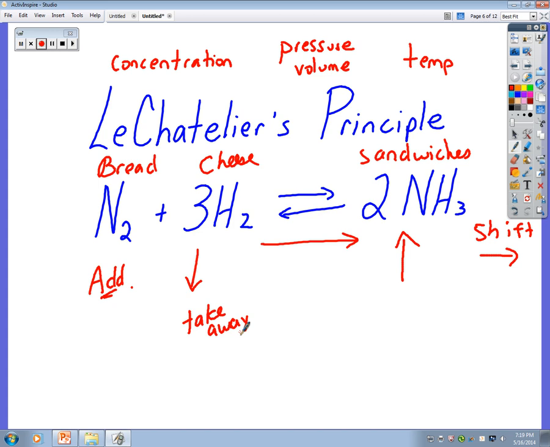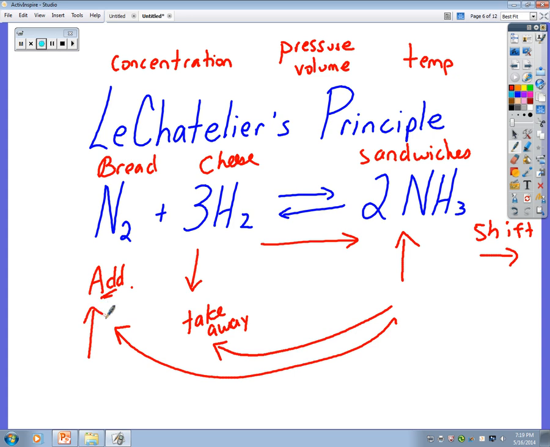If you break sandwiches down, what are sandwiches made of? Bread and cheese. So if you take the cheese away, the sandwiches are going to break down and replace the cheese, but they're also going to increase the amount of bread. So this goes up, and these are physically going down because they are breaking apart to replace the cheese that was removed, and the shift goes in this direction because you see a bunch of stuff going in that direction.